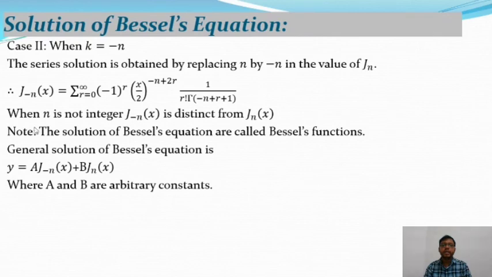When n is not an integer, J of minus n of x is distinct from Jn of x; otherwise these two are the same.